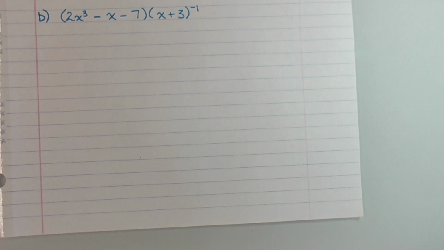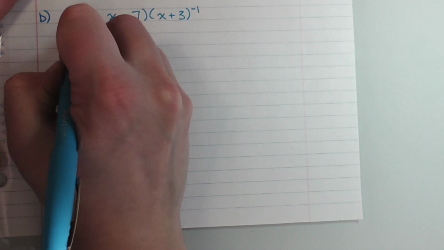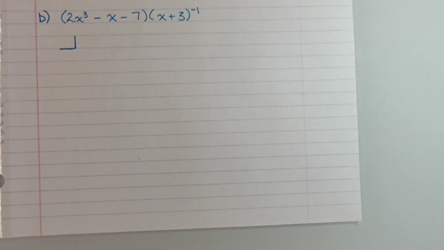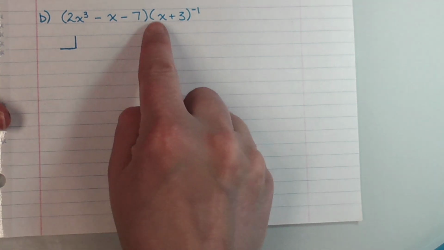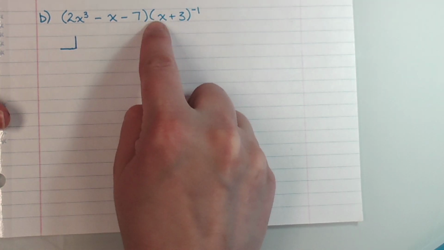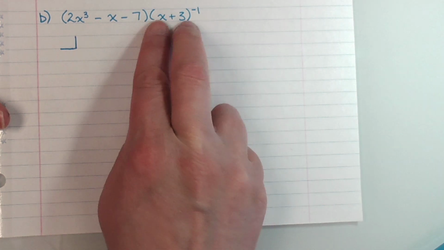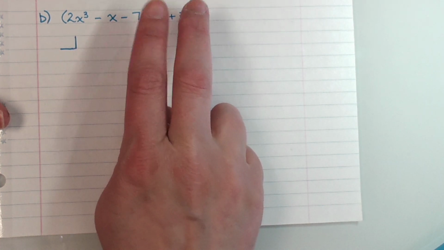A negative 1 exponent is telling you to divide things. So, I'm going to do synthetic. Wait, can I do synthetic? Yes, because why? Yes. Number in front is a 1, number up here is a 1, and this is a binomial.